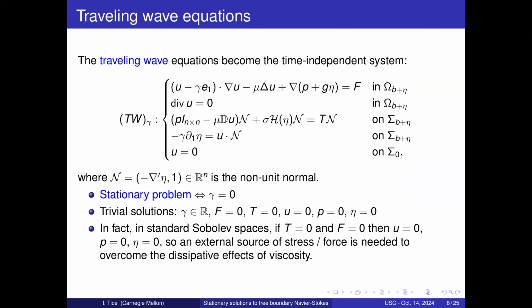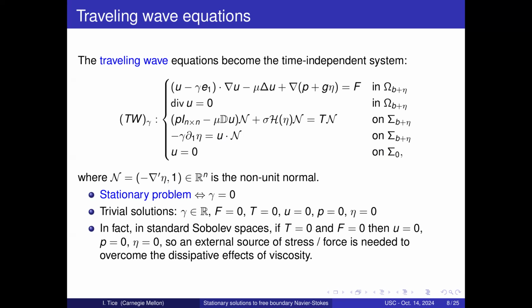This is part of the reason why I have normalized this in this way, because now everything has 0 as the solution rather than hydrostatic pressure. But in fact, unsurprisingly, if I assume my solutions live in standard Sobolev spaces, and there is some wiggle room here, but I need some sort of Sobolev framework, and I assume that the applied stress and the applied force are zero, then you can prove that the velocity is zero, the pressure is zero, and eta is zero, which means that it's quiescent.